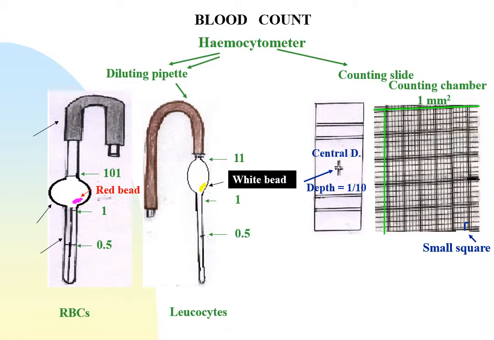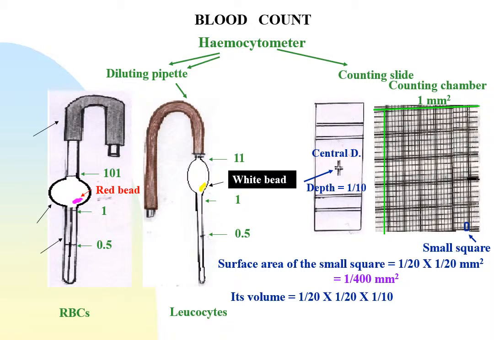The surface area of each small square equals the length multiplied by the width, that equals 1/20 multiplied by 1/20, equals 1/400 of a square millimeter.